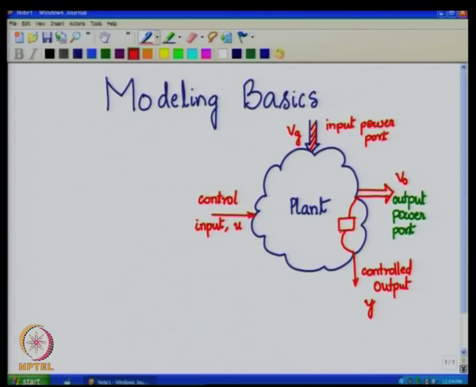This sensing circuitry does the function of capturing the actual power signal, converting it into a compatible low level signal voltage and giving it as a signal which we have named Y. For example, in the case of a DC-DC converter, if you want to feed back the output voltage, you will be passing it through a device like an optocoupler or probably a Hall sensor, and the output is signal conditioned and brought out as the controlled output signal, which is what will be fed back.